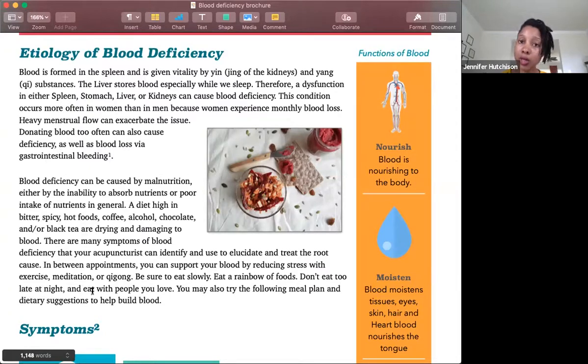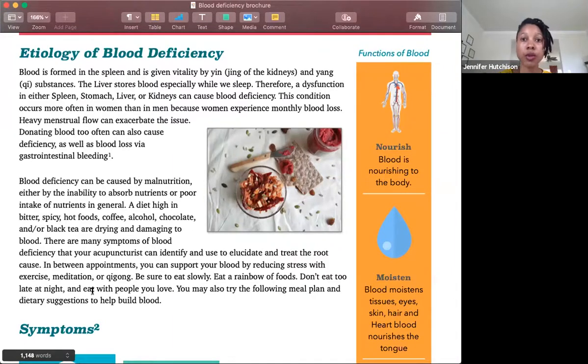And unfortunately, blood deficiency is a lot more common in women than men because we have a monthly cycle. Most women have monthly cycles, so we're losing blood. If you donate blood, you may also have some deficiency if you do it too often. And giving birth, you may lose a lot of blood as well.